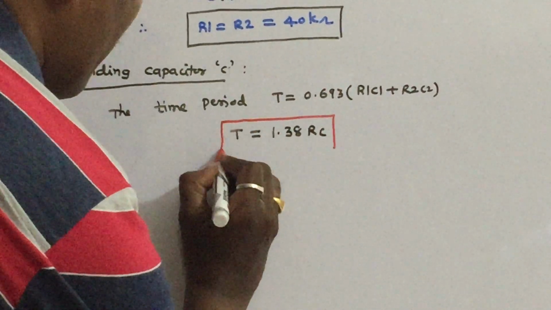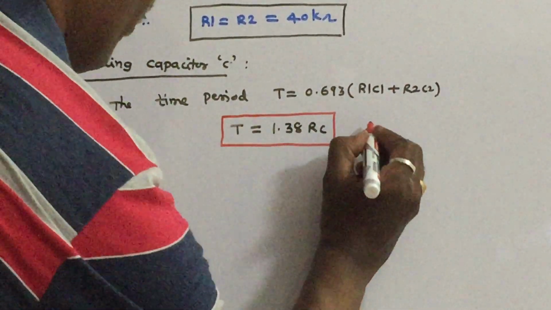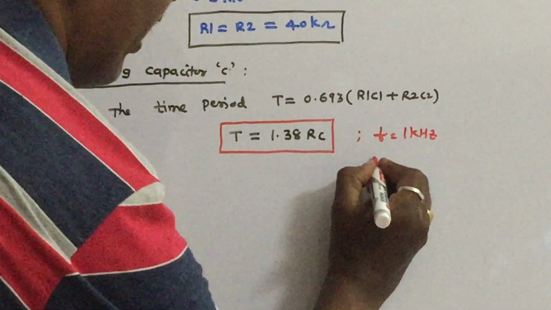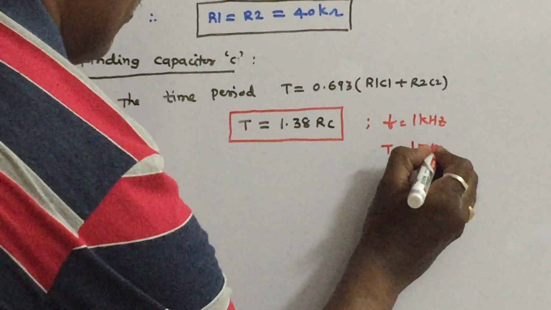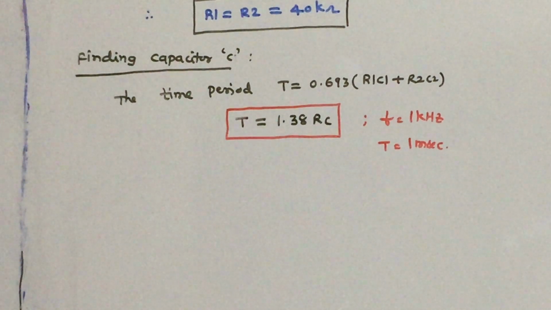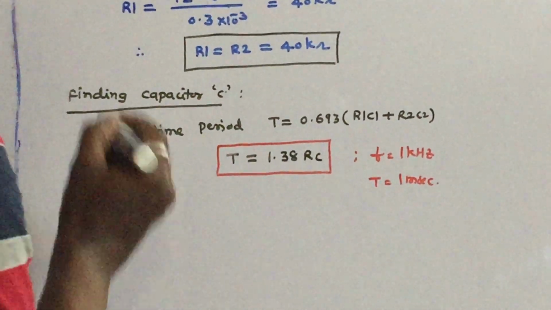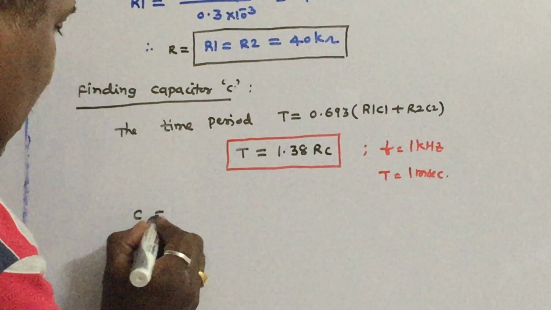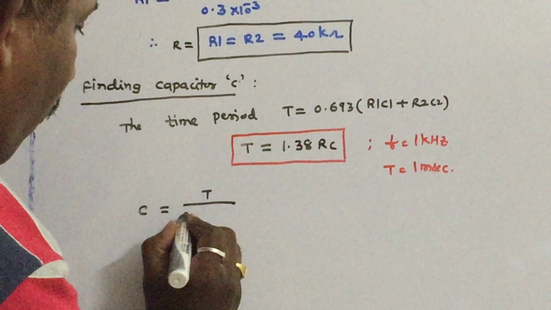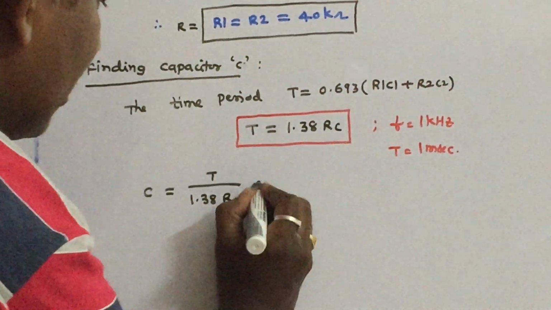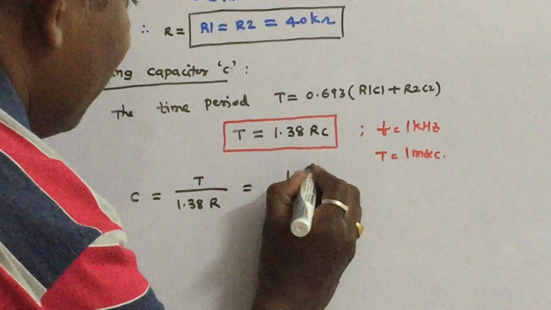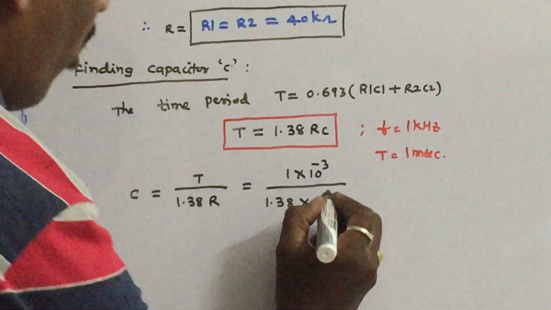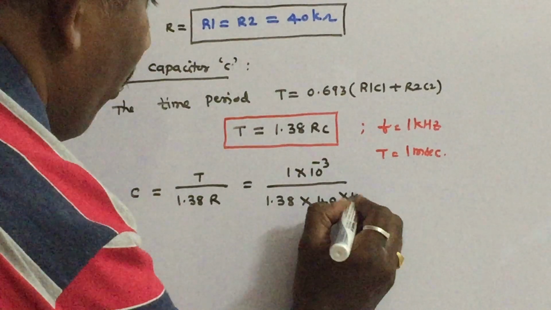Since the frequency is given, what is the frequency? 1 kilohertz square wave we have to generate. What is the time period? 1 millisecond. R we have calculated, so I want to calculate C. C is equal to T by 1.38 into R. What is T? 1 into 10 power minus 3 by 1.38 into R, which is 40 kilo ohms, 40 into 10 cube.